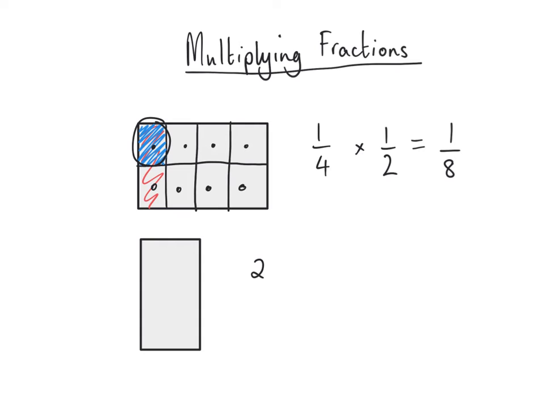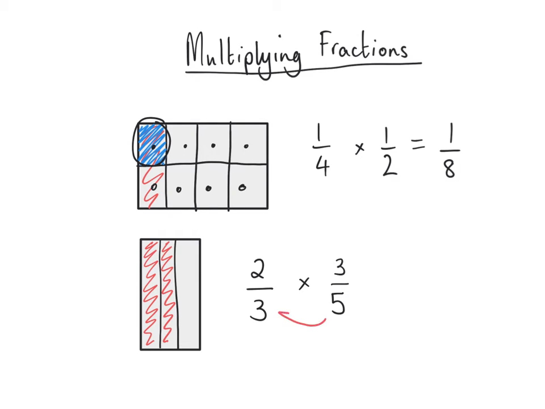Next, we're going to try 2/3 lots of 3/5. So, first of all, we're going to think about our thirds. So we'll split the diagram into thirds. There's our thirds. Now we're talking about 2/3. Now what we want is 3/5 of that.